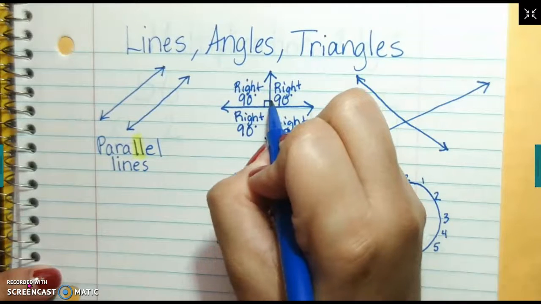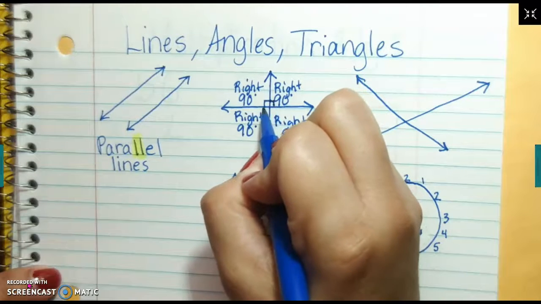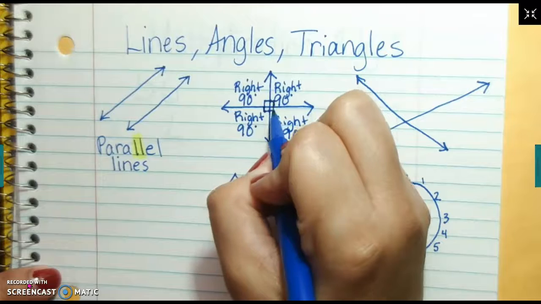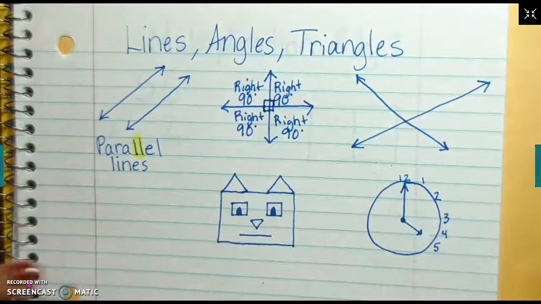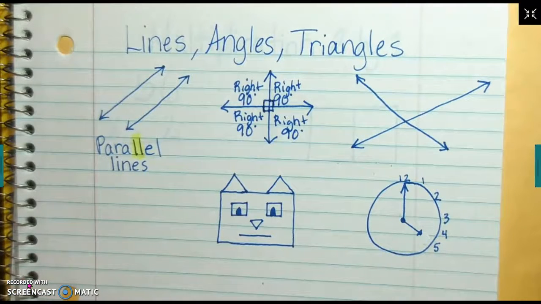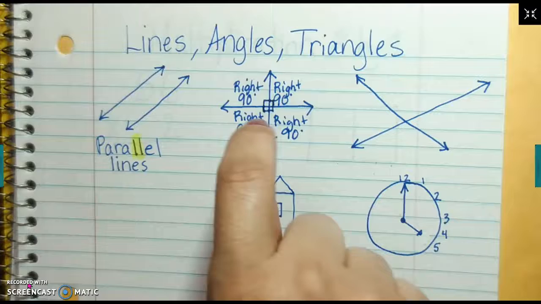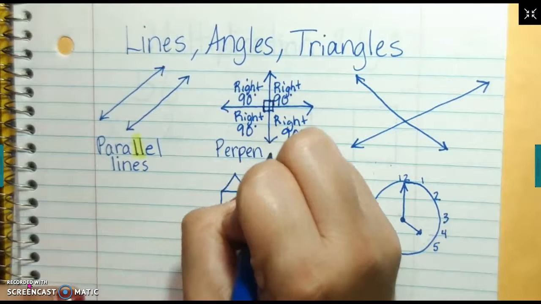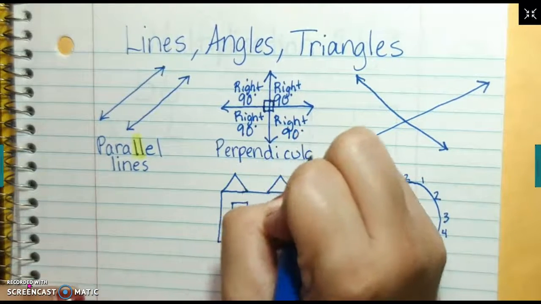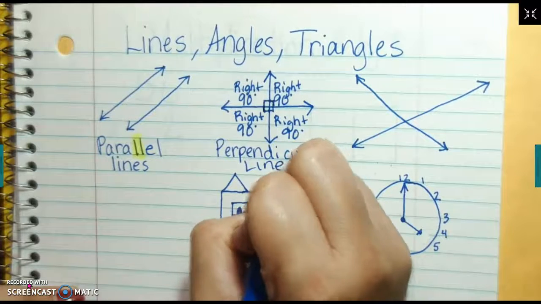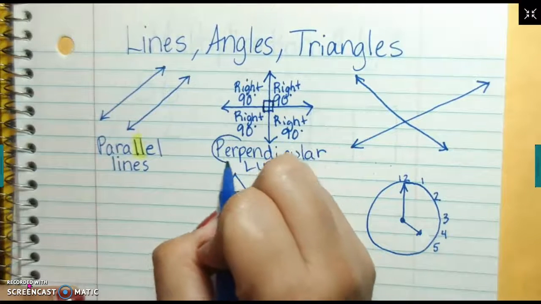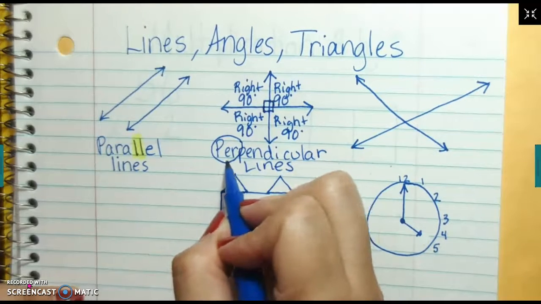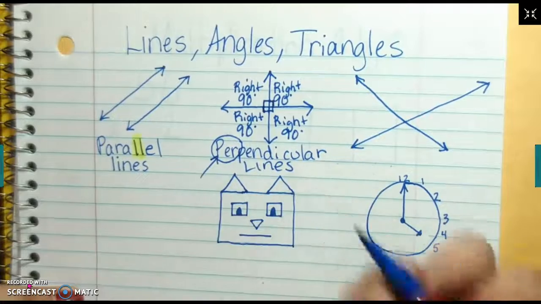And then the symbol that means right would be this little square, and that would also be your clue that there are four right angles there, and that these are perpendicular lines. Perpendicular lines form a perfect plus. Okay, that's your little clue there.